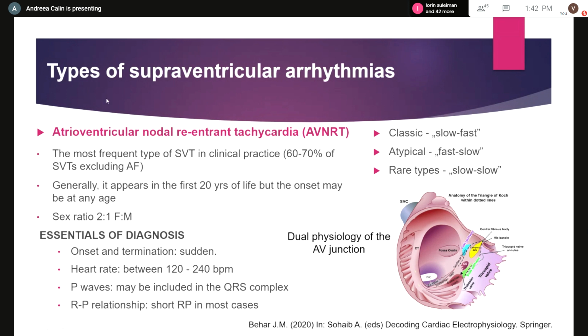So this type of arrhythmia has at its basis this dual physiology of the AV junction. There are two types of tissue in the AV junction, one that can conduct very fast.